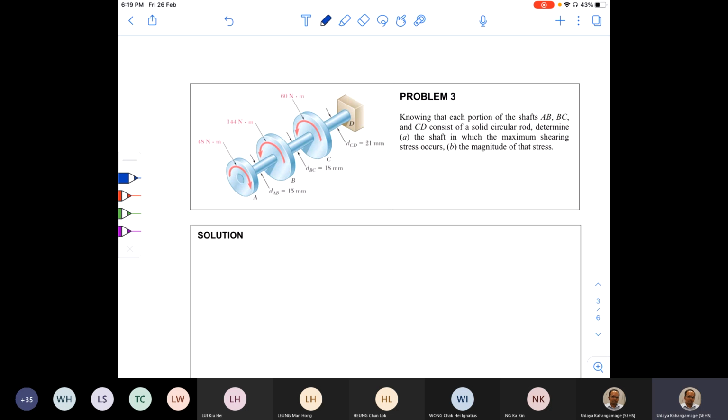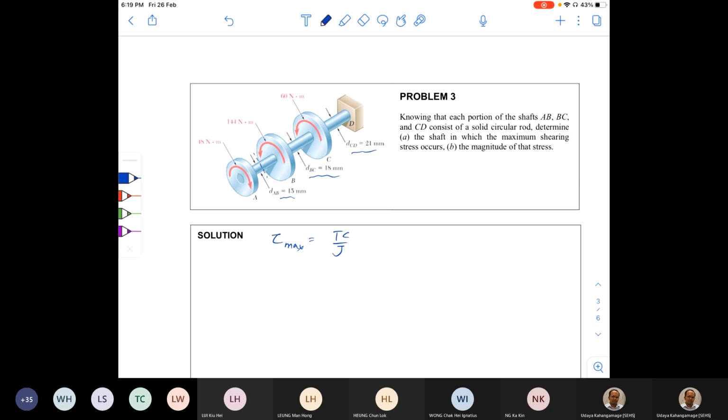So if you want to find out the shaft with the maximum shearing stress, because all the sectional dimensions are given, then what you need to do is find out the internal torque first, and then we use our knowledge about the torsional formula. Tau max is equal to Tc over J. Right?